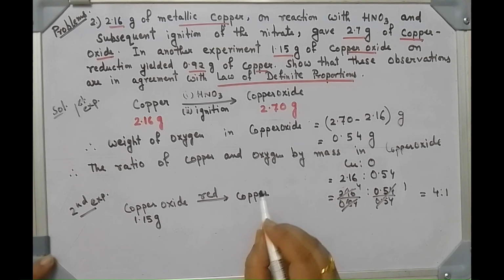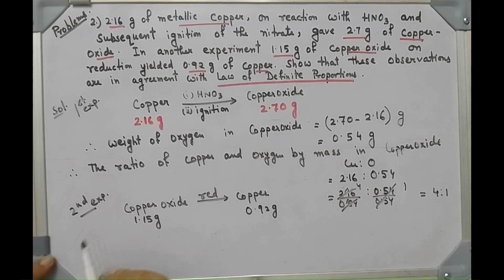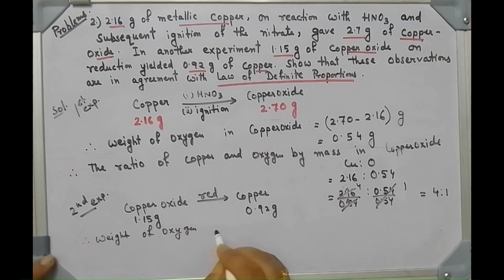The amount of copper is also given as this much grams. So similarly, we can calculate the weight of oxygen in copper oxide for the second experiment. Therefore, the weight of oxygen in copper oxide is how much?